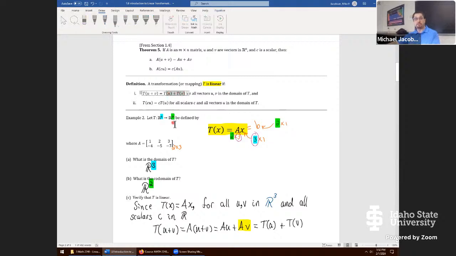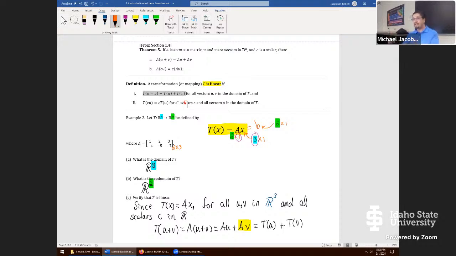That could be a function space or something more exotic. They don't have to be the same kinds of vector spaces necessarily. So what we're saying here is you can either add up the vectors in your domain, or add up the vectors in the codomain, and it makes no difference. This is called operation preserving. It didn't matter where we did the operations. You could do it in the domain space or the codomain space. You get the same results if T is linear.